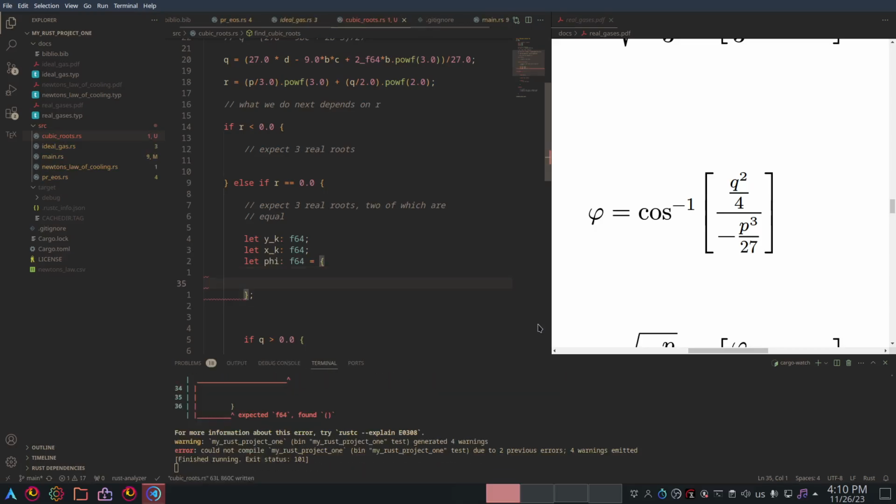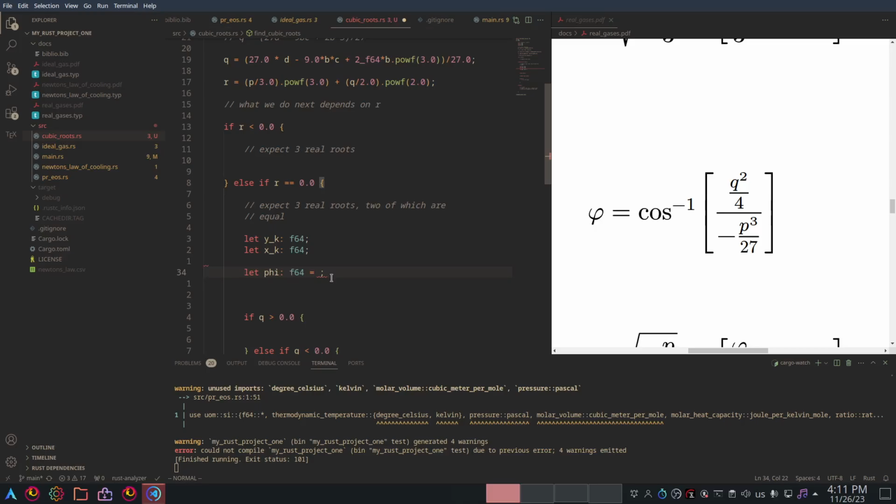Let phi equals something. Instead of writing one long equation here, I'm going to write a code block. This is just a stylistic choice. You don't have to do it like that, but this is what I like to do. Maybe I'm introducing too much new information at once. Never mind, forget it. I will not do the code block way.